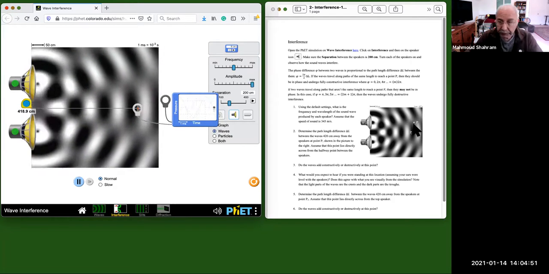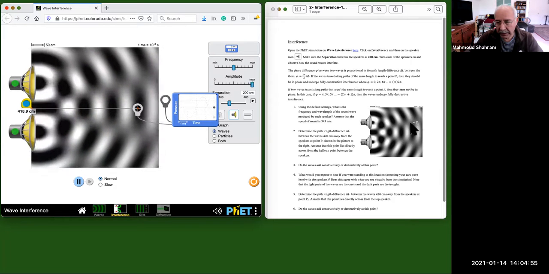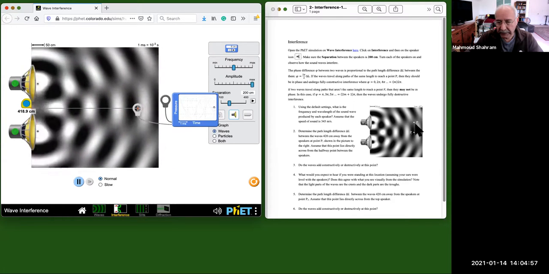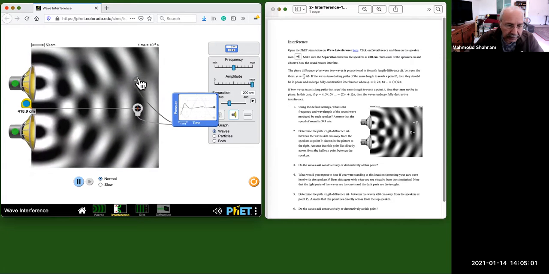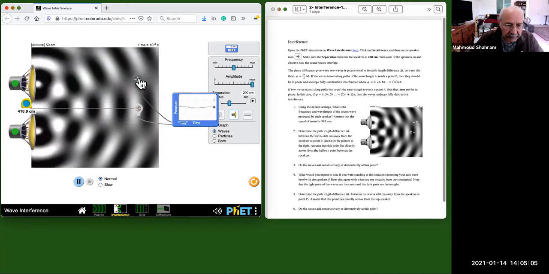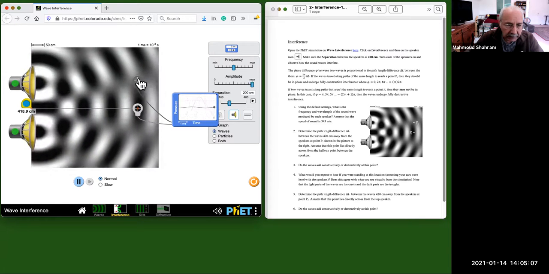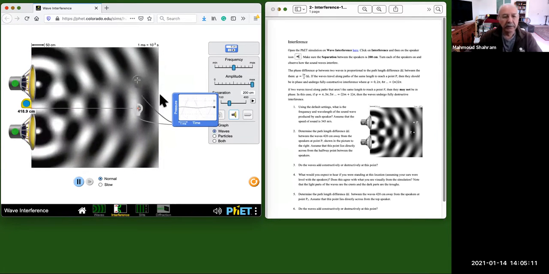Then it asks you to put another point somewhere in this vicinity here, as you can see in this picture. So let's take that and put that somewhere there. And as you can see, at that point, the amplitude is almost zero.